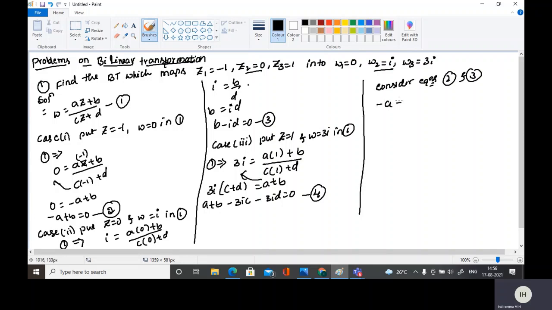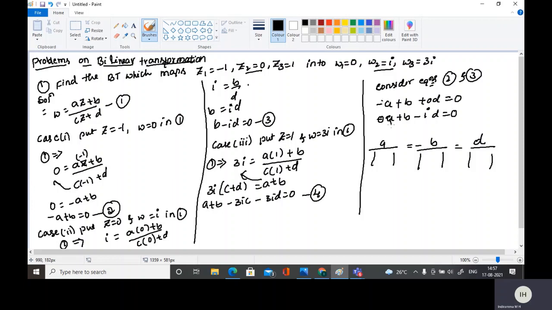Equation 2 is minus a plus b plus 0d equal to 0. Now equation 3 is 0a plus b minus id is equal to 0. Now I will use Cramer's rule. a by the determinant is equal to minus b by the determinant is equal to d by the determinant.